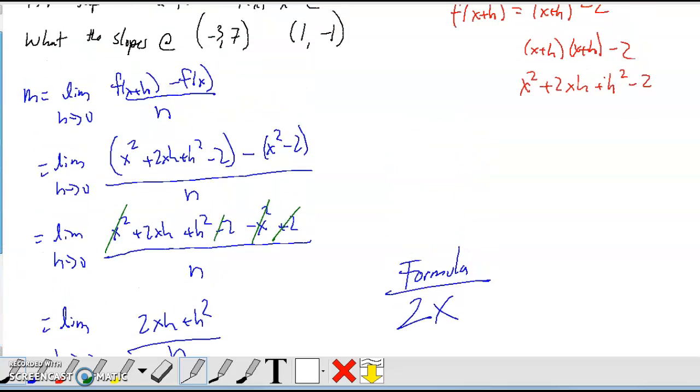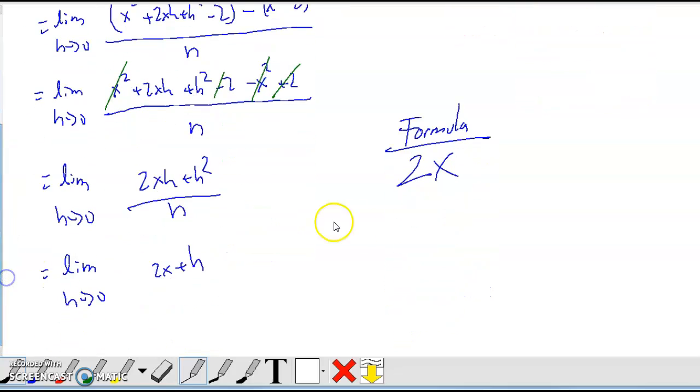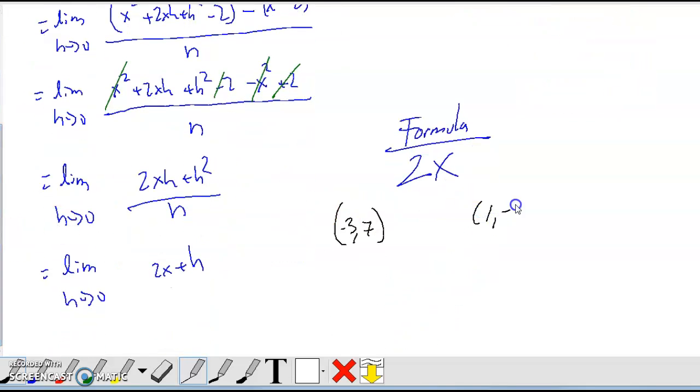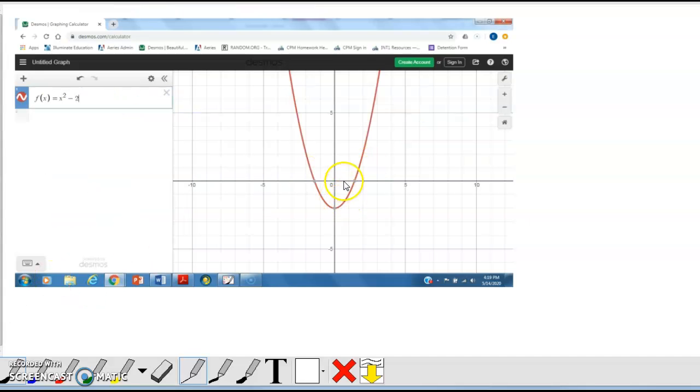So then we want to find the points. So what were our points one more time? Negative 3, 7. And what was the other one? 1, negative 1. Those points are on the graph, right? They're not just arbitrary points. So 1, negative 1 is on our graph, and negative 3, 7 is on our graph over there.